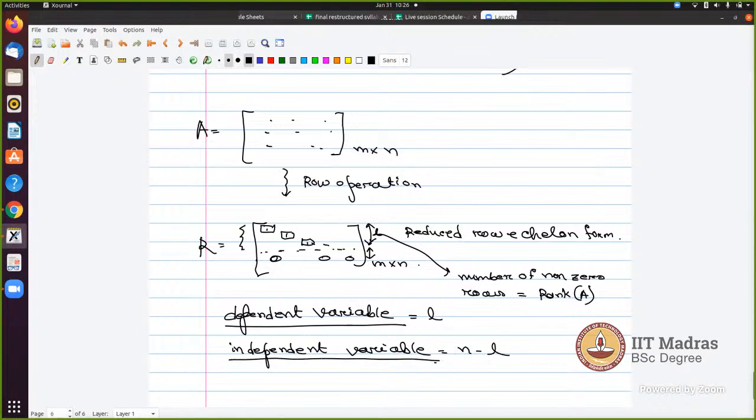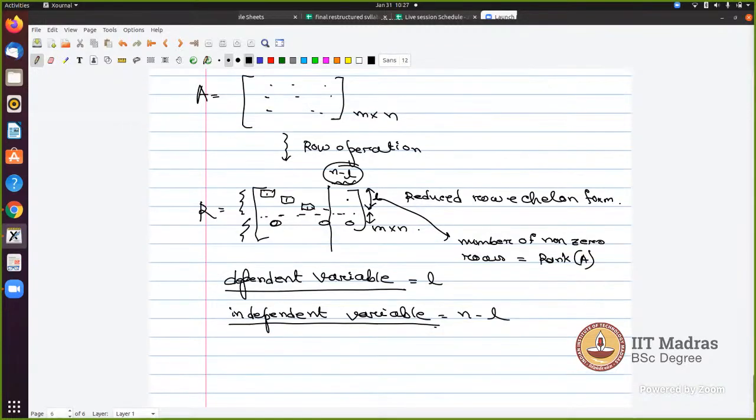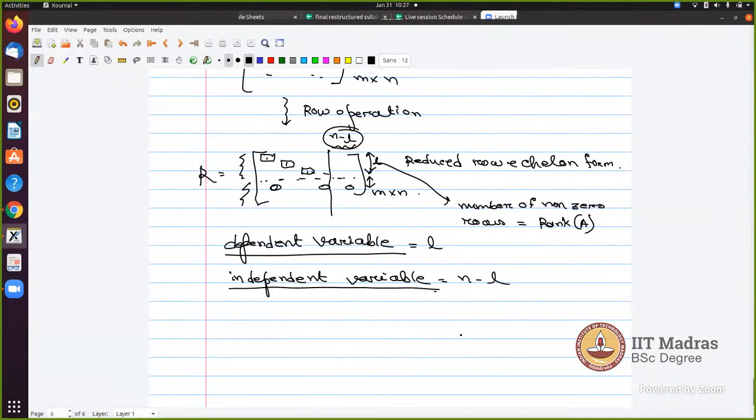Because in these rows, there are no pivot element. Till this column there are pivots, and here there are no pivots, so N minus L independent variables.